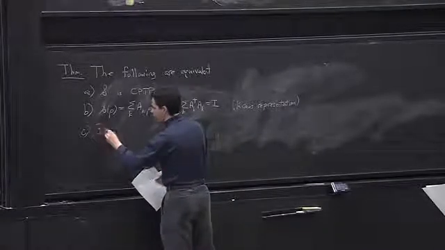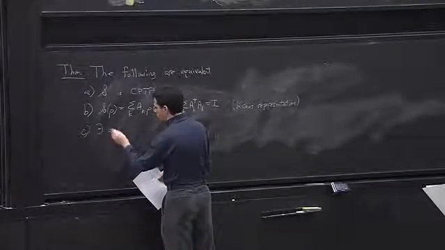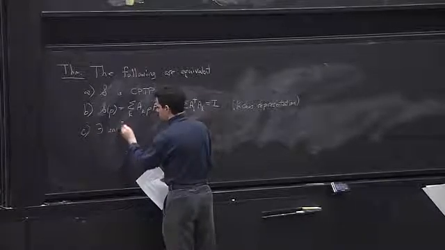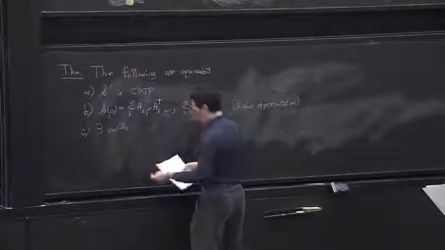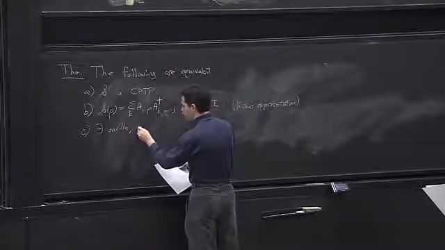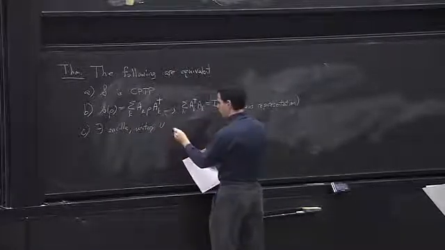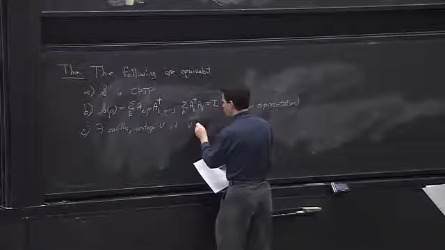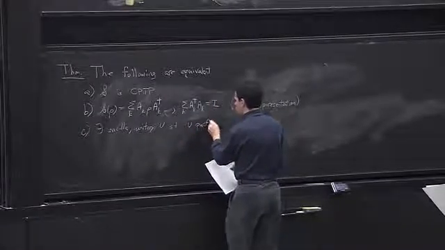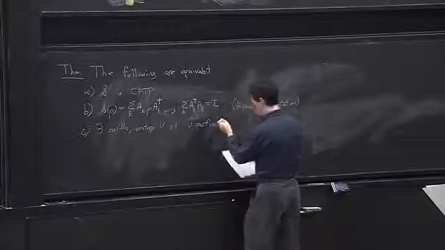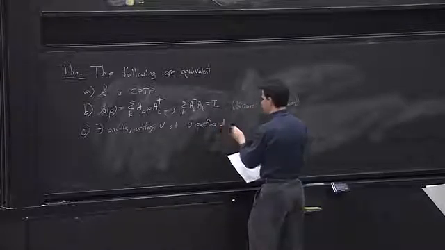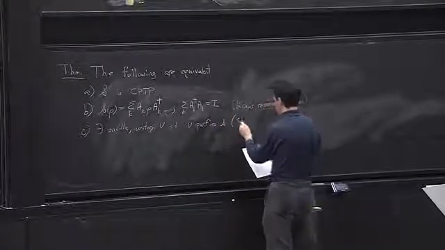So there exists some ancilla, which can be all zeros, and some unitary U such that U purifies S. And so this is called the Stinespring dilation.